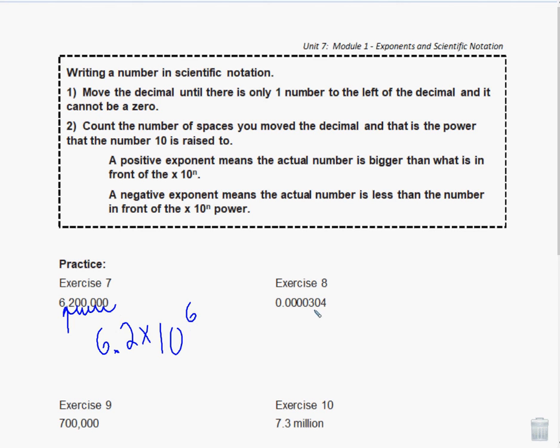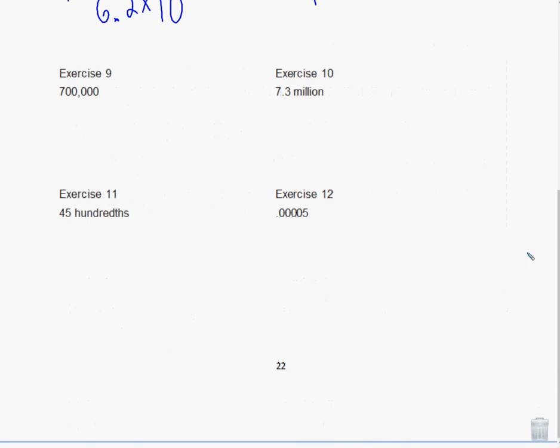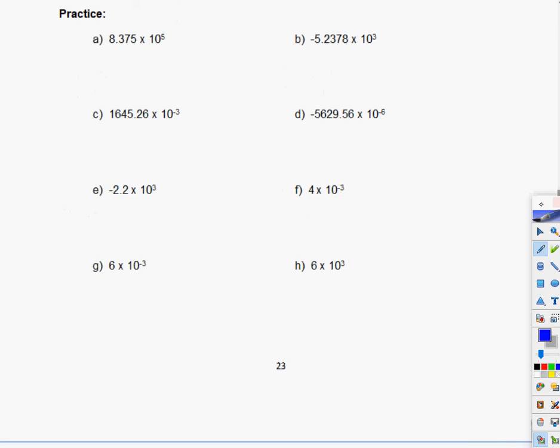In exercise 8, I want the decimal here after the 3. So 3.04 times 10 to the, this is going to be a negative exponent because it's a small number. Count from the decimal to the arrow, 1, 2, 3, 4, 5, to the negative 5th. You guys can finish this page without me. I'm just going to do one more thing on the next page.